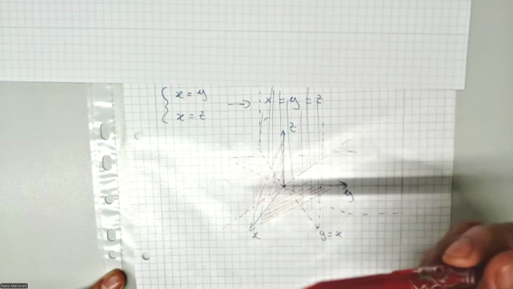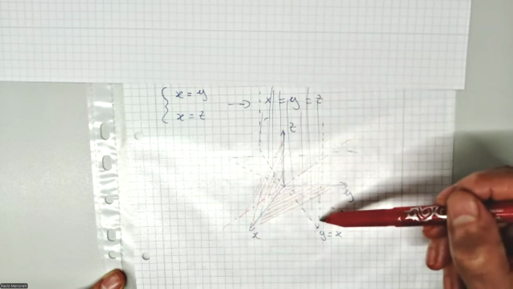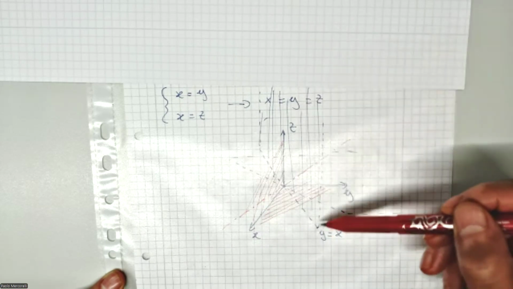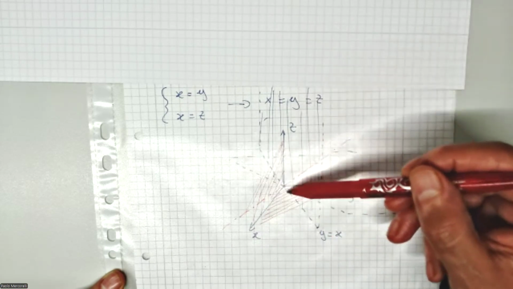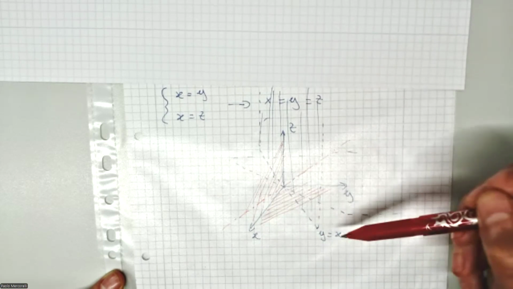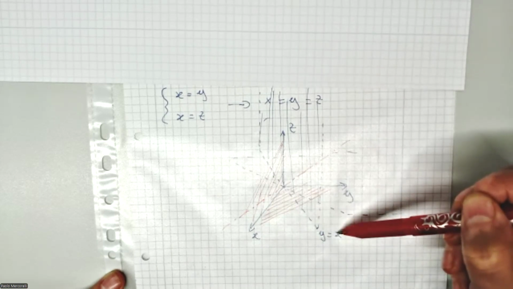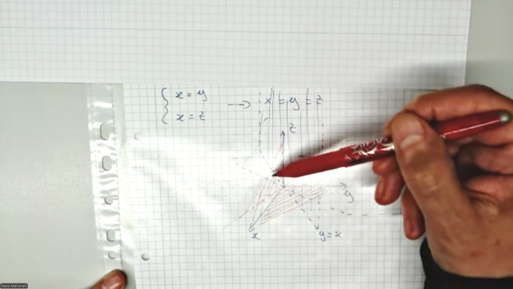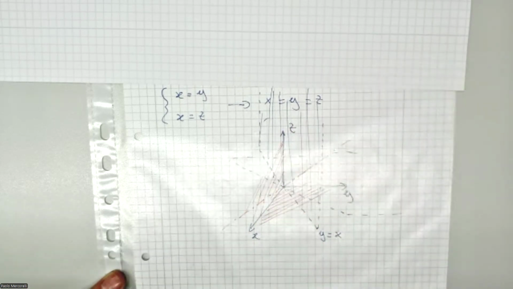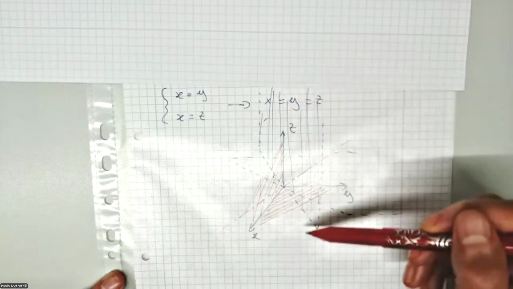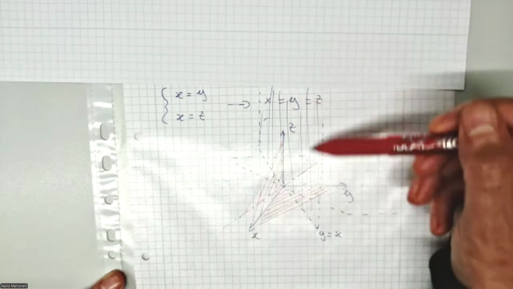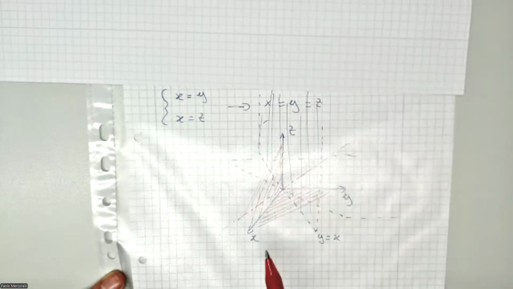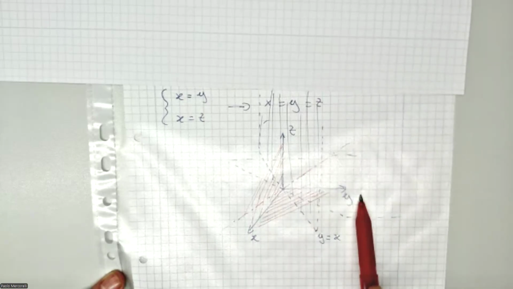But Y now in this representation is in a plane which is going up. I don't know if it's visible. I mean, Y equals X in the space with dimension 3, X, Y, Z, is the trace of the plane, which we can see here in blue, on the plane XY.